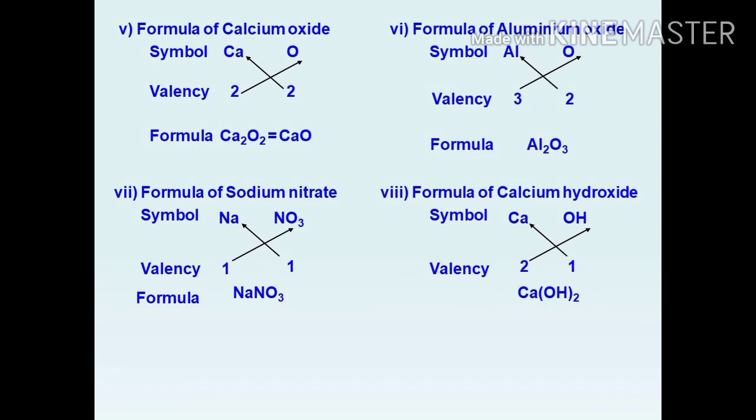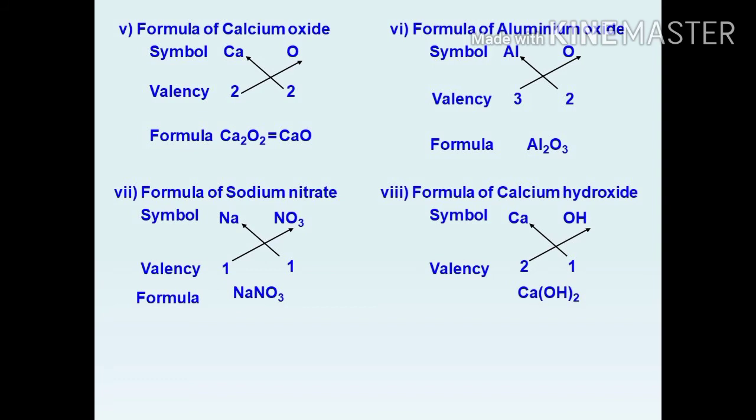The rules that you have to follow while writing a chemical formula: the valencies or charges on the ions must balance. When a compound consists of a metal and a non-metal, the name or symbol of the metal is written first.